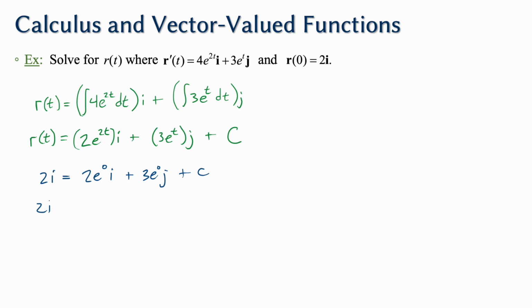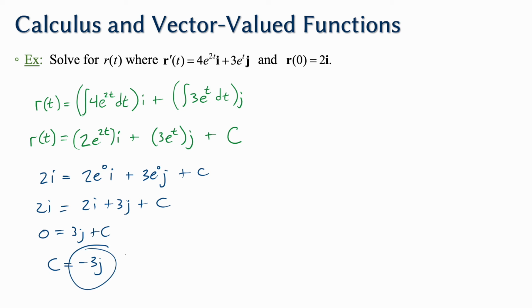Now, when you simplify this, again, we get 2i. This over here is just going to be another 2i. This is just a 3j, since for both of them, e raised to the 0 is 1, plus c. So what that tells me is that when I subtract 2i from both sides, we get 0 equals 3j plus c. So solving for c tells me it's negative 3j.